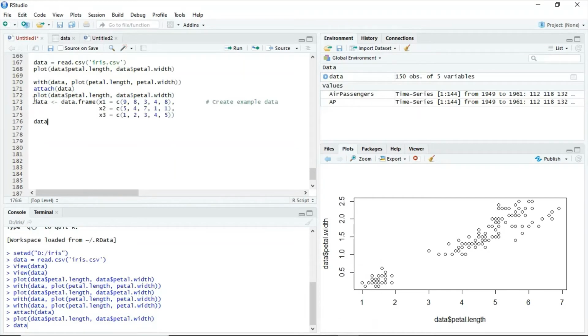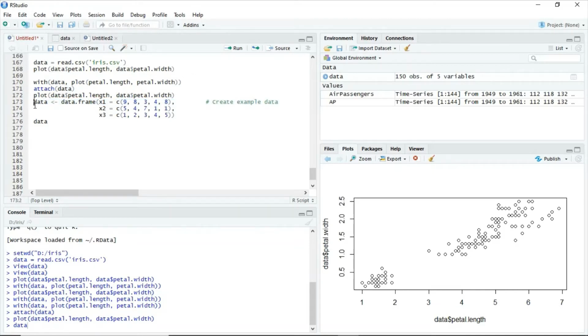Now consider this situation. Here we have three vectors. I have explained vectors in the previous class, and c means the combine function which is used to combine the elements of the vector. So we have three vectors inside the variables x1, x2 and x3. And here this is the data that is holding these vectors.